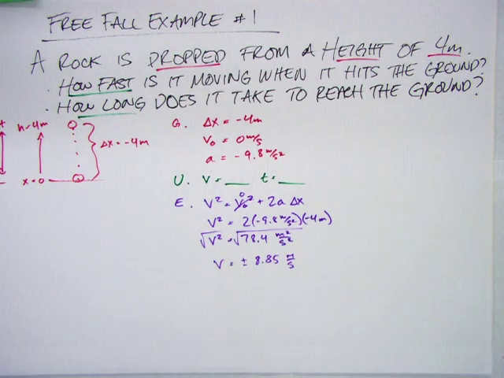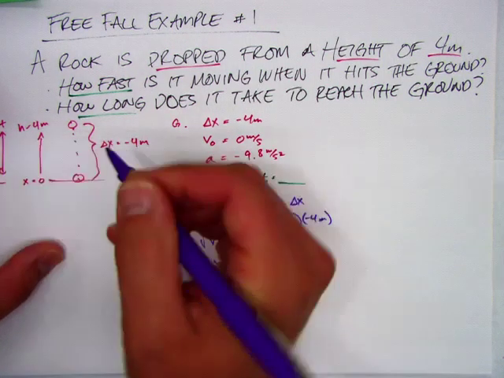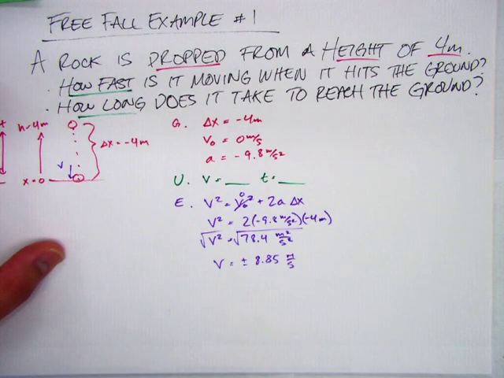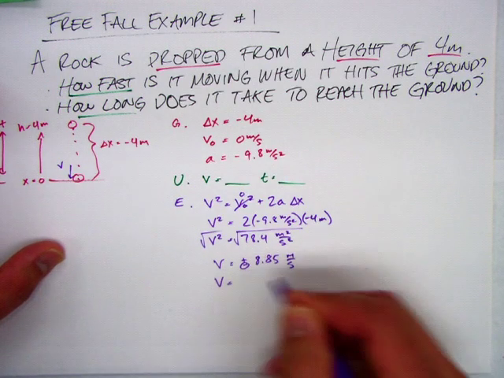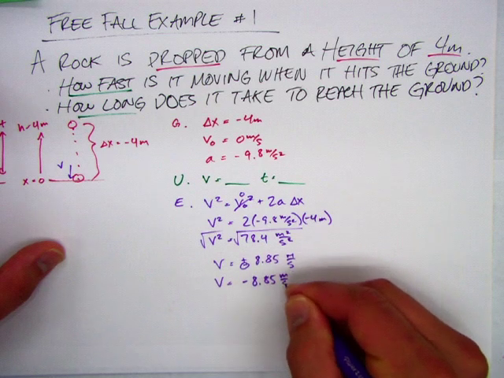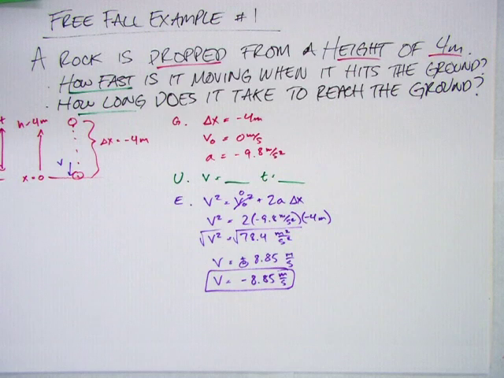Because the square root doesn't explicitly tell us. Well, in this case, you need to use some common sense. Up is positive, down is negative. When it hits the ground, it's going to be moving downward, right? A downward velocity. So in this case, my velocity is negative. If the rock's moving down while it falls, velocity is negative.